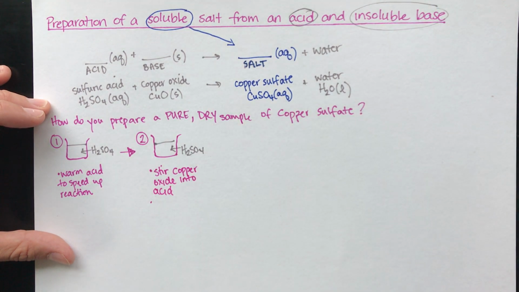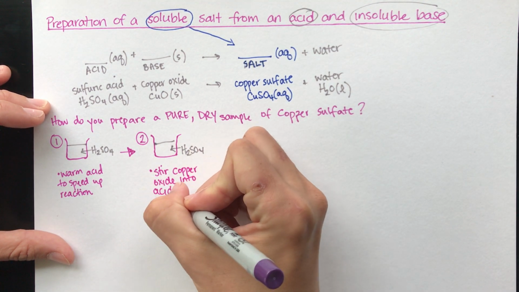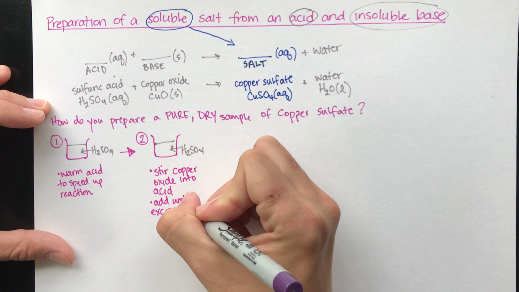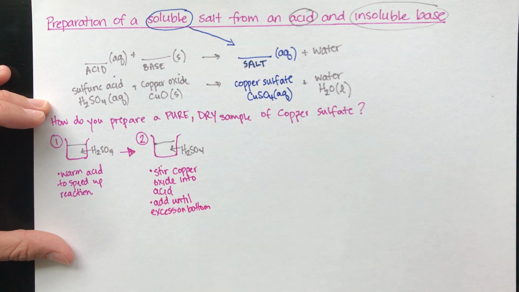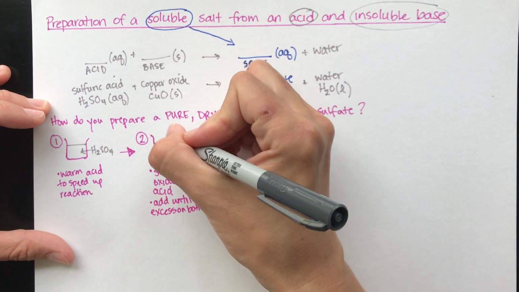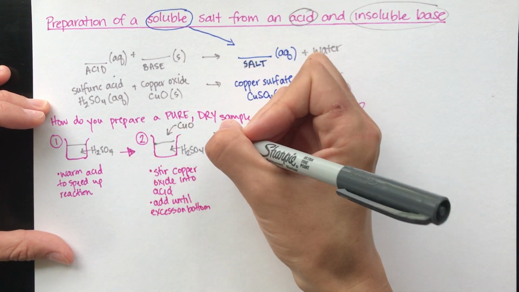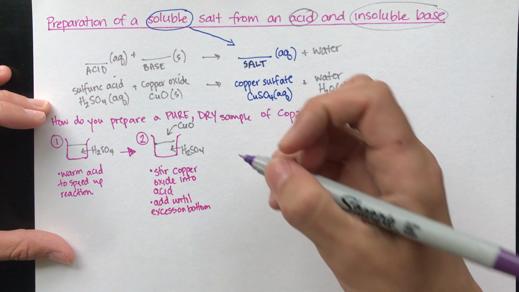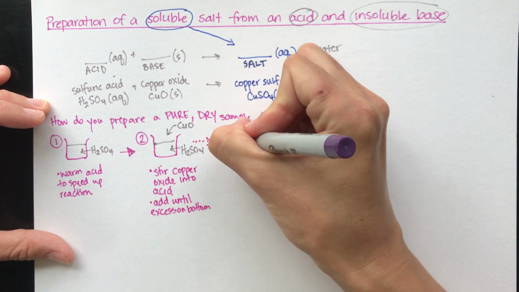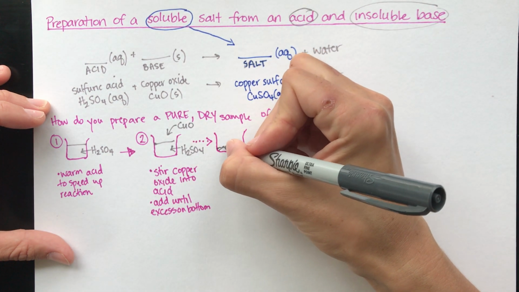And you'll want to add enough copper oxide that you end up with excess on the bottom. And we'll see why we do that in a minute. So we'll have H2SO4, we add copper oxide until you actually see a pile of this black solid.